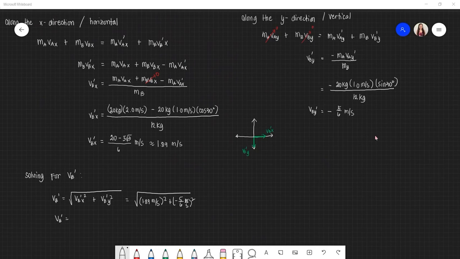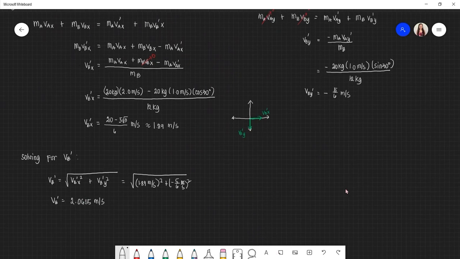And our answer, if we round that off to the fourth decimal place, is 2.0655 meters per second. So that is the magnitude.